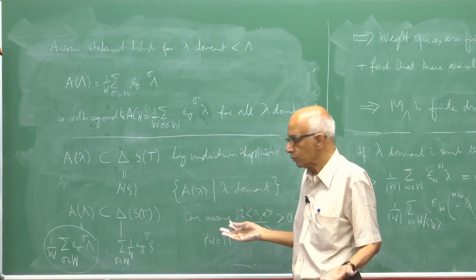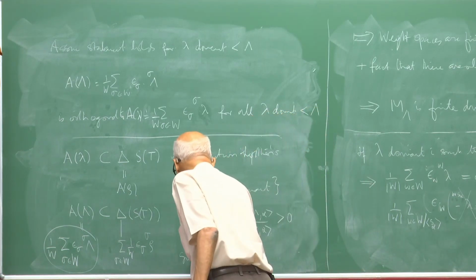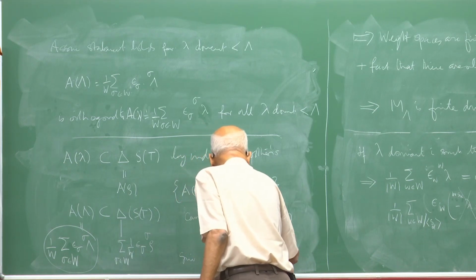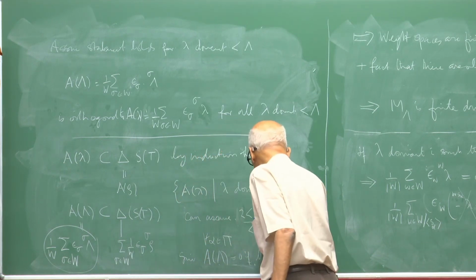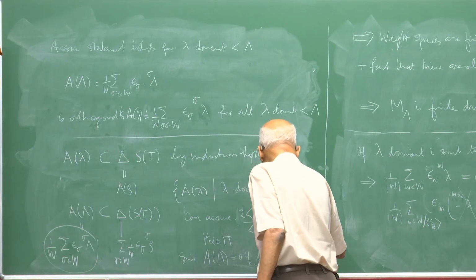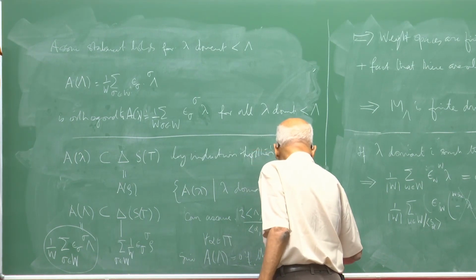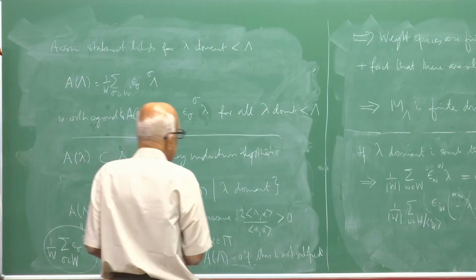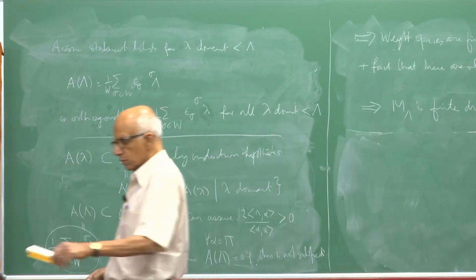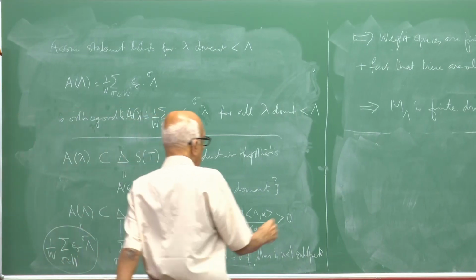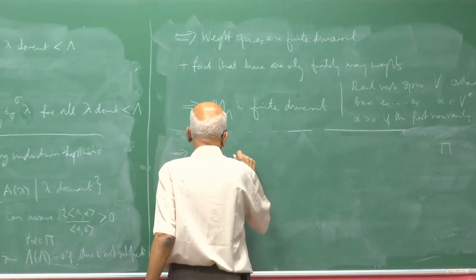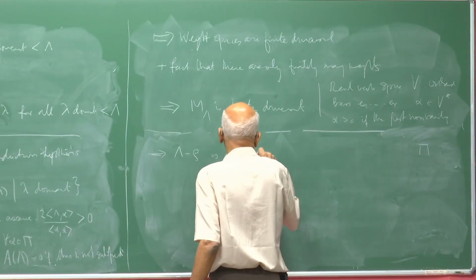There's nothing to prove, since A lambda is 0, if this is not satisfied. And therefore, it follows that in fact this implies that lambda minus rho is dominant.